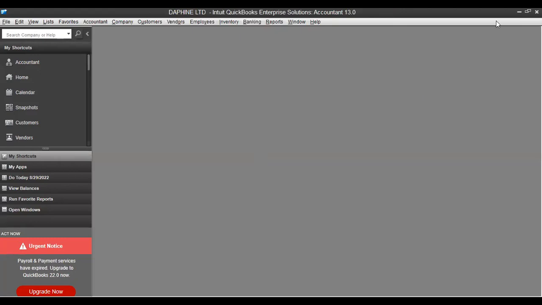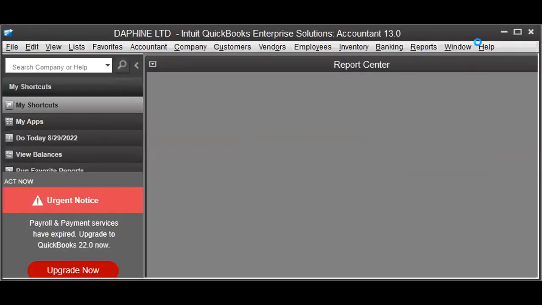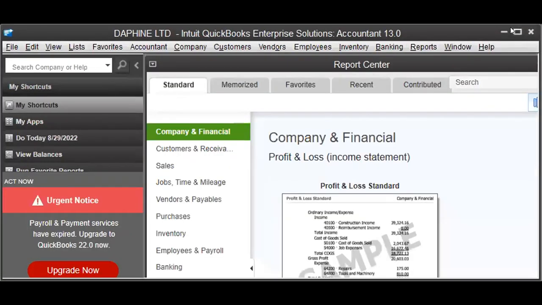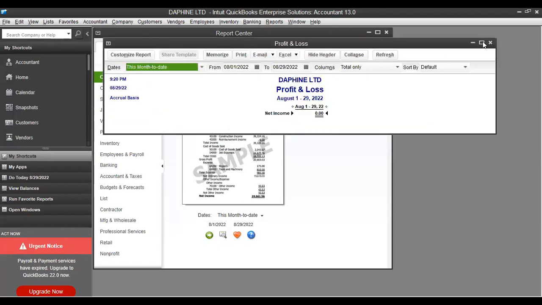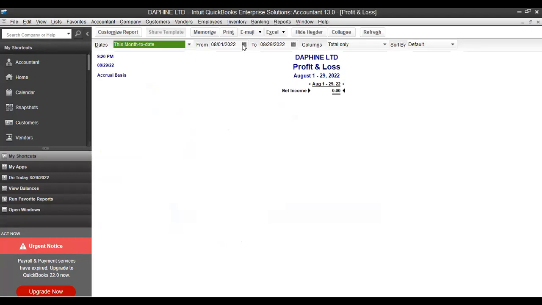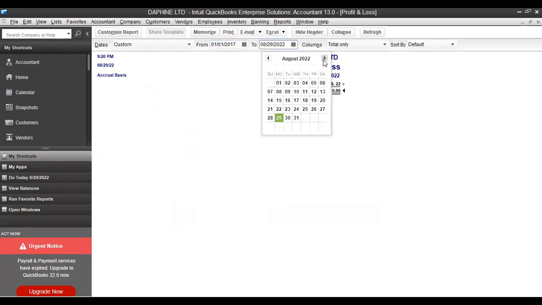If I look at my P&L report, go to report center, then P&L. When you click on it, we capture the period, which is first January 2017 to 31st December 2018.